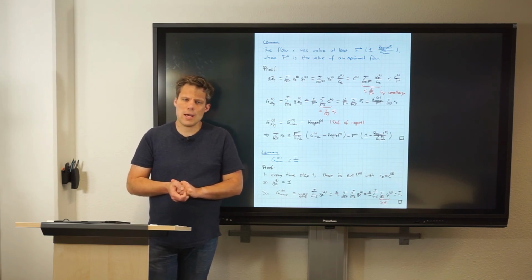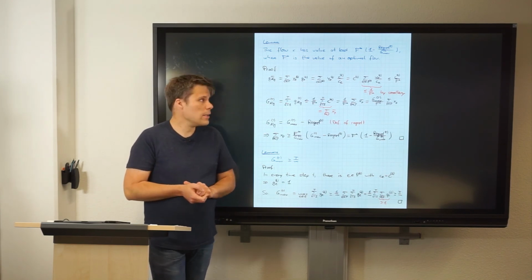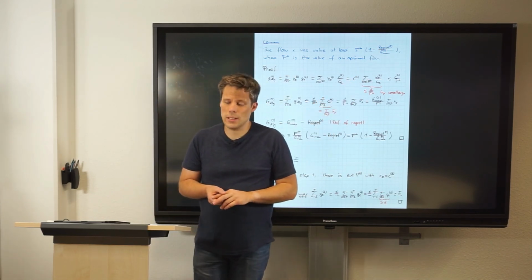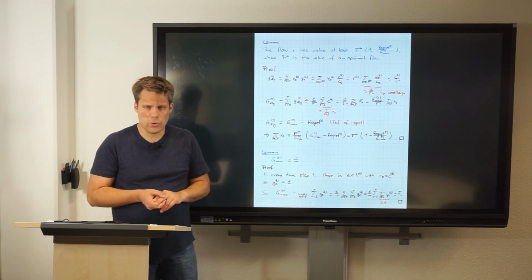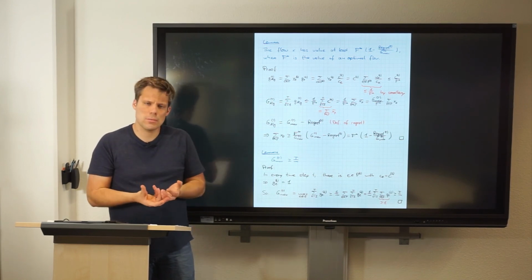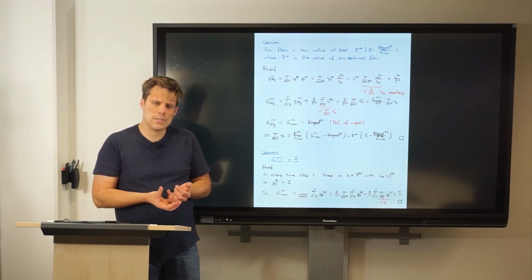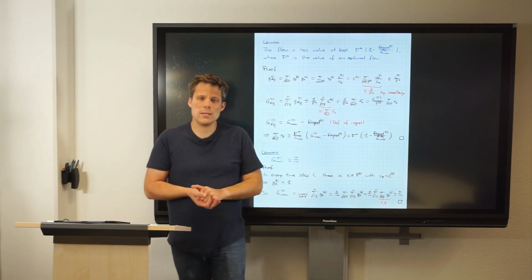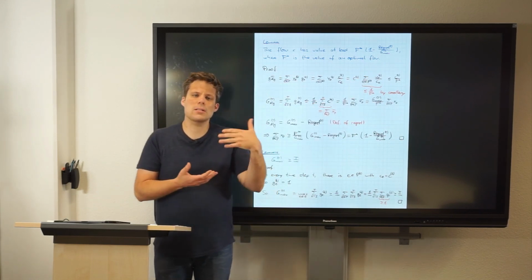And if you have a no regret algorithm, then this regret grows sublinearly in t, like square root t or so. And what does this mean? This means that this thing here will always tend to 0 if you just make t large enough.